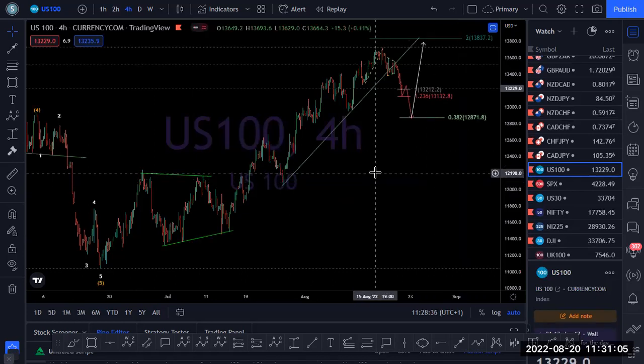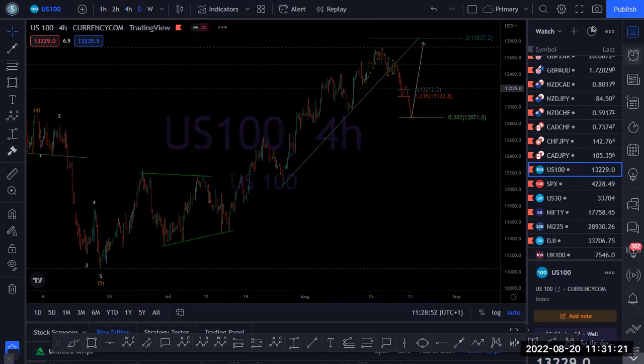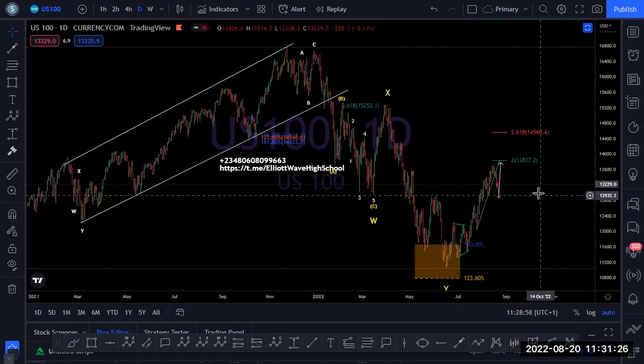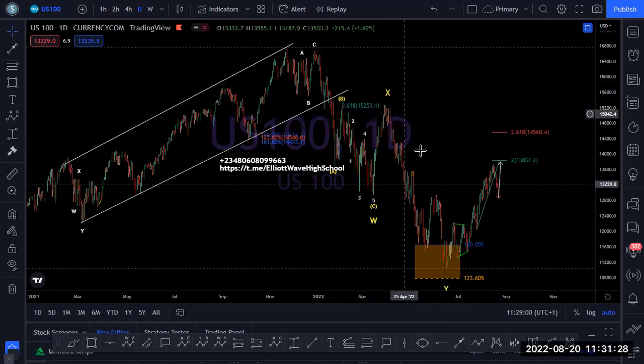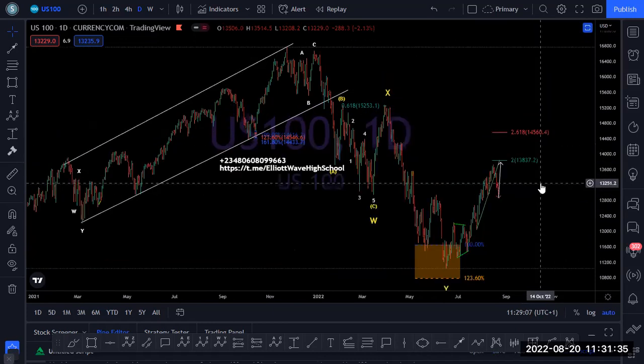So NASDAQ. Okay, let me go to daily on NASDAQ. On NASDAQ, remember, the possibility of a new low is here.